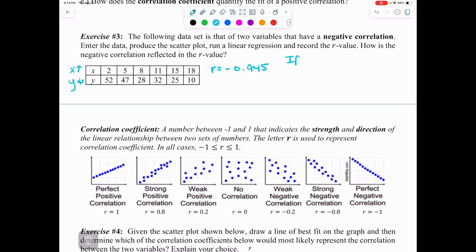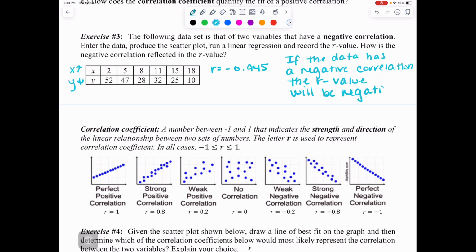So we'll say if the data has a negative correlation, the R value will be negative.